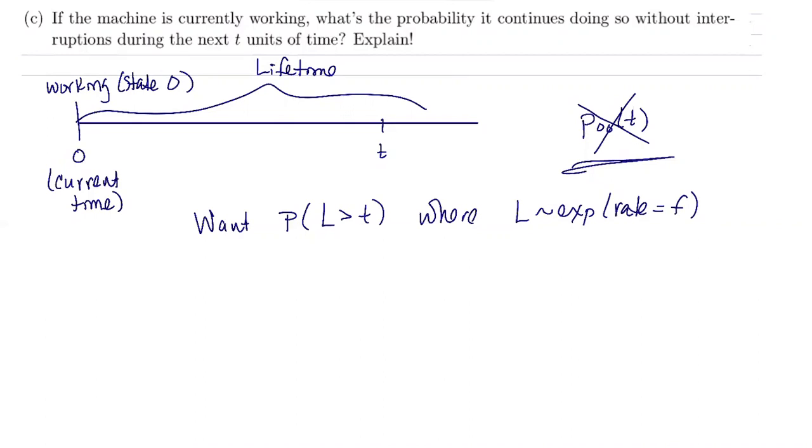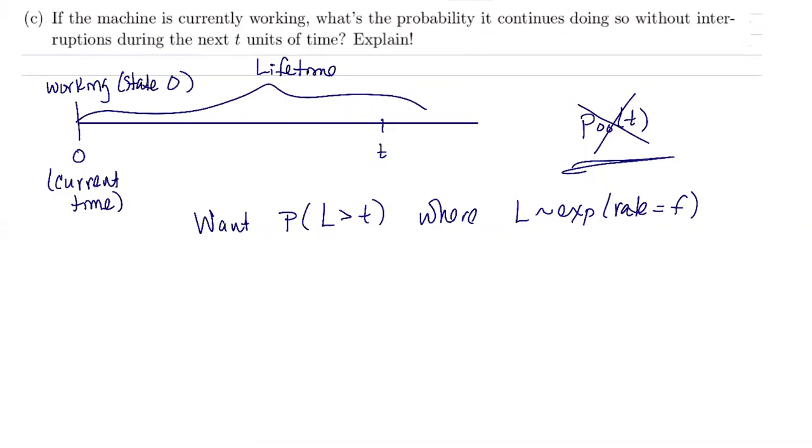And again, I'm using that fact that I stated in part A. Even though you weren't given that the failure rate is exponential, for a continuous time Markov chain, the times to transitions are always exponential, because we wouldn't have a Markov process without that lack of memory property. So we just want the tail end of an exponential CDF.